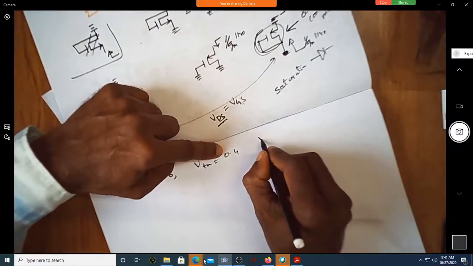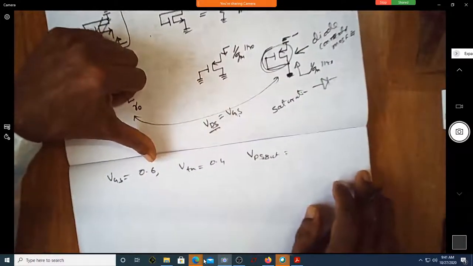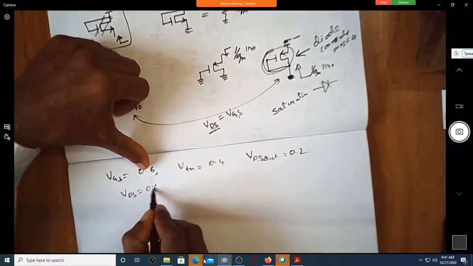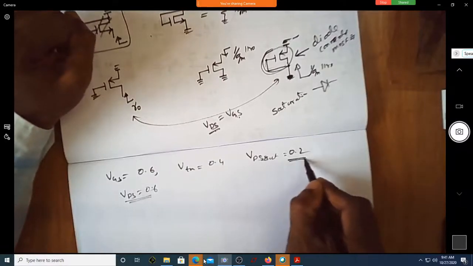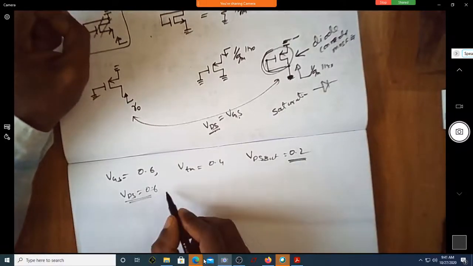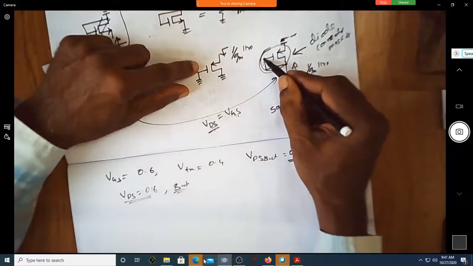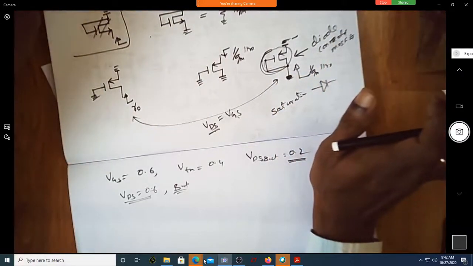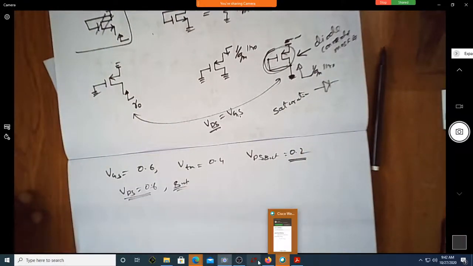What is VDS sat? VGS minus VTH, 0.2. If VDS is equal to 0.6, is it more than 0.2? Then is it not in saturation condition? So that's why, if gate and drain are shorted, the MOSFET is always in saturation condition.